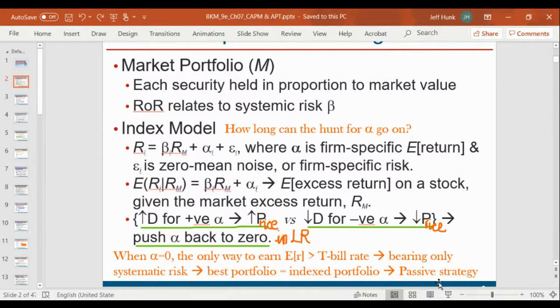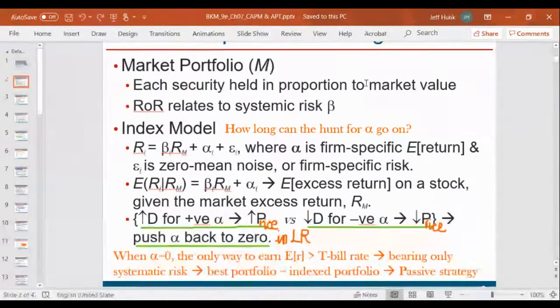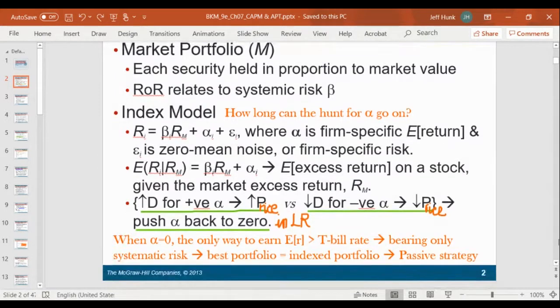You can have an active strategy that yields extra return as long as there's a window for alpha. But when that window closes in the long run, eventually it will be a passive strategy, right? Passive strategy will be a good strategy.